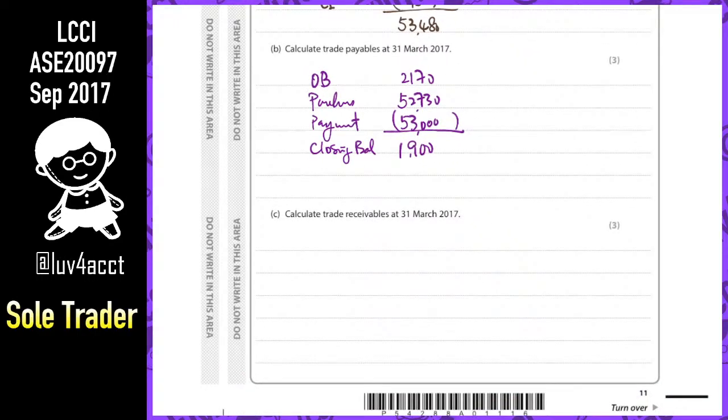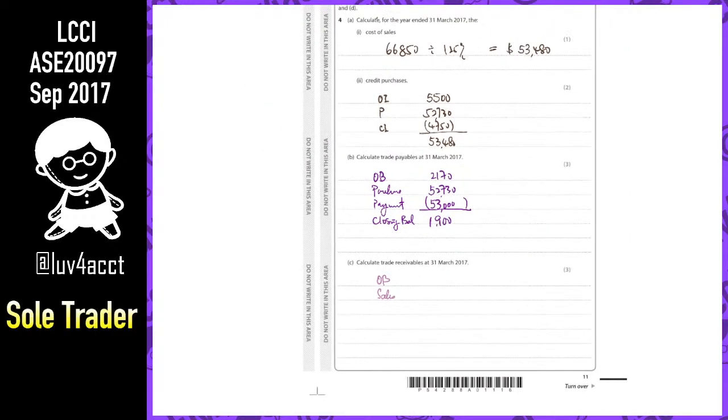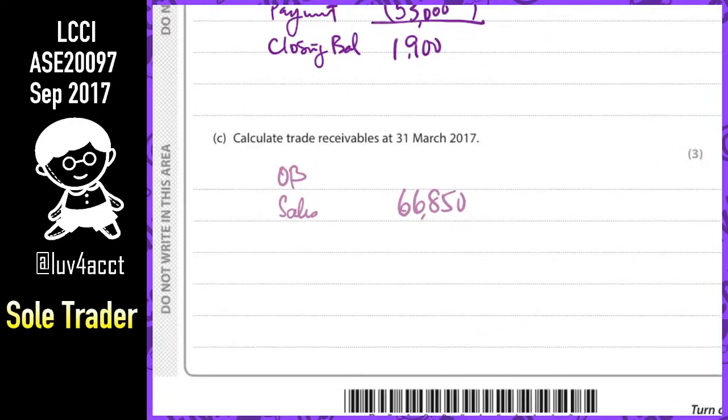Trade receivables. I think we can use the same concept to work on it. Opening balance, add sales. We are given sales directly, that is 66850. We also have the receipts, and then we can calculate the closing balance.